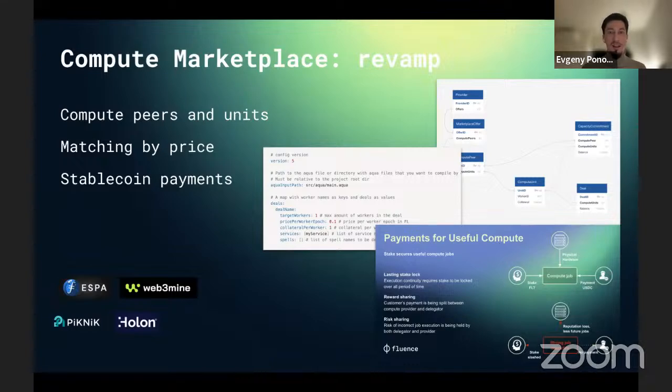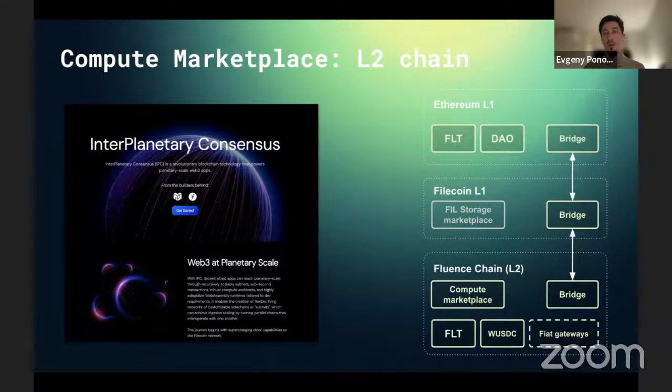Also, because we really need cheap transactions, we are launching this marketplace on our own layer 2 chain, which is based on interplanetary consensus, a layer 2 solution from the Filecoin team.